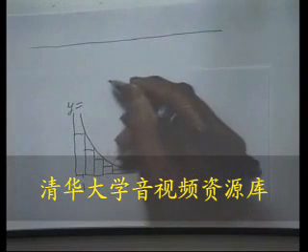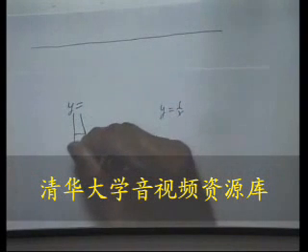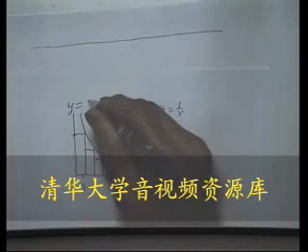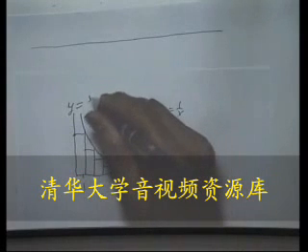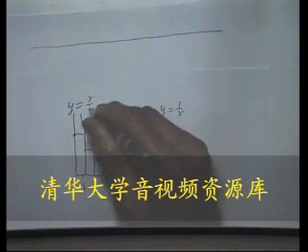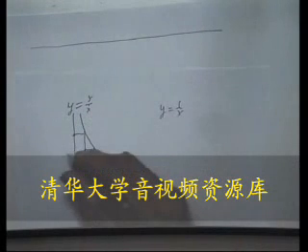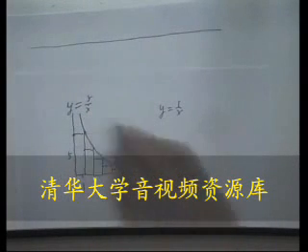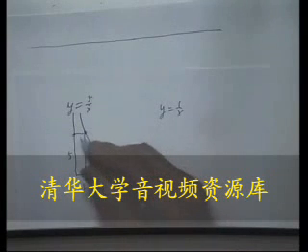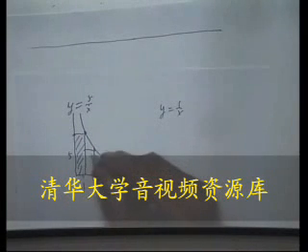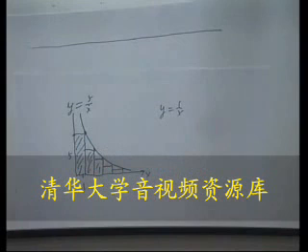Let's say, the way that I draw it, this is 5 over x. At 1 it is 5, at 2 it is 2.5, and this is the first area, this is the second area.